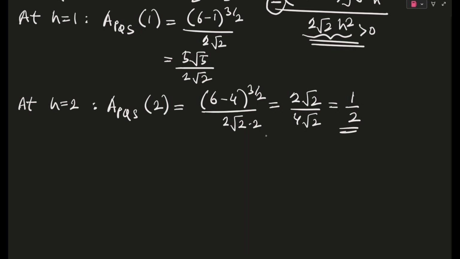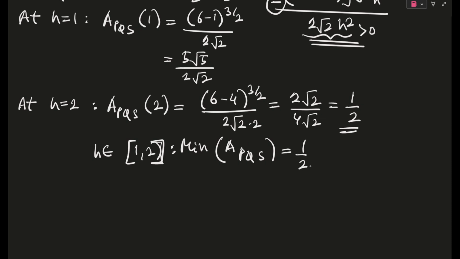So guys, actually we have got the verdict for two options here. First verdict is the minimum value of area of PQS in the interval, where h belongs to closed 1 to 2. In this particular interval, minimum value is half, not 1 by root 2. Okay, so option A automatically becomes wrong.